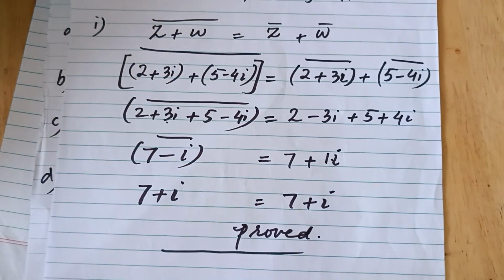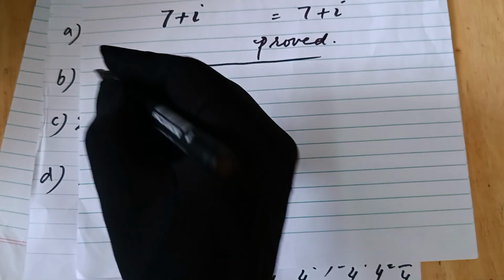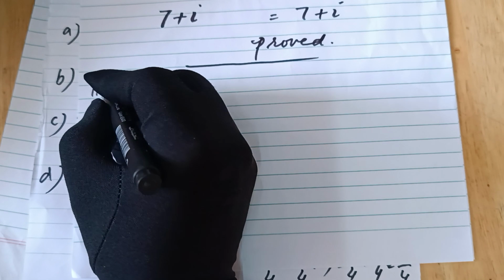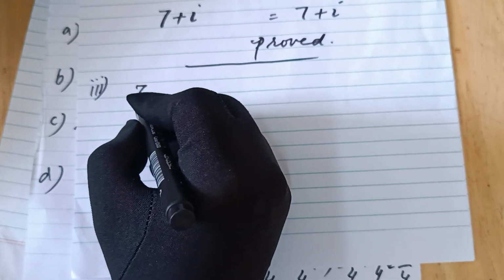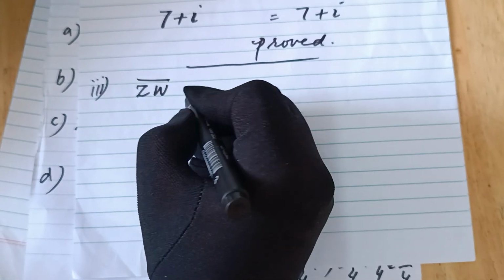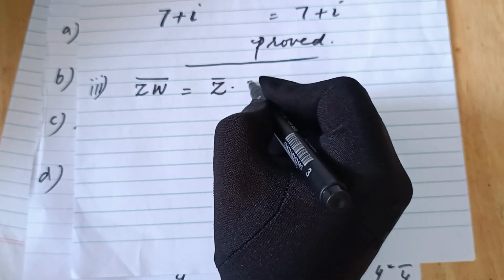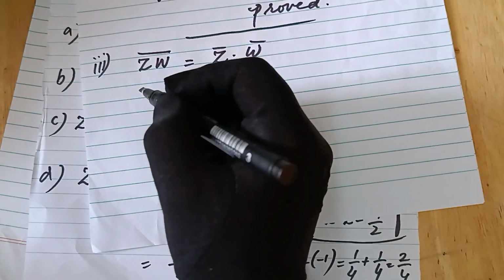Multiplication. Let me solve multiplication. They are saying in the third part to prove that Z and W multiplied and then combined conjugate will be equal to their separate conjugates.